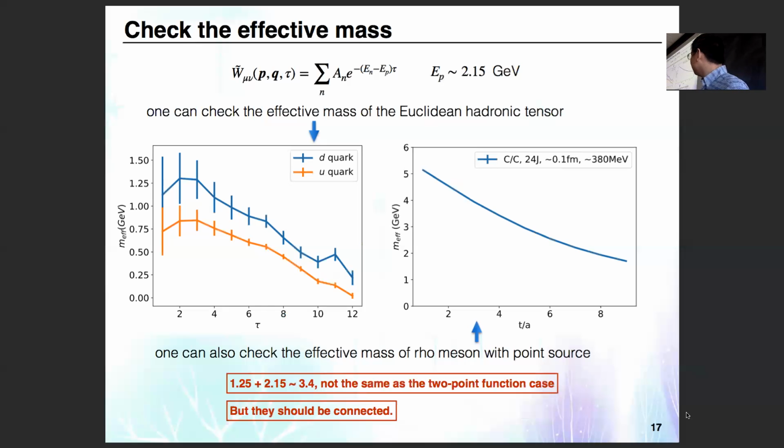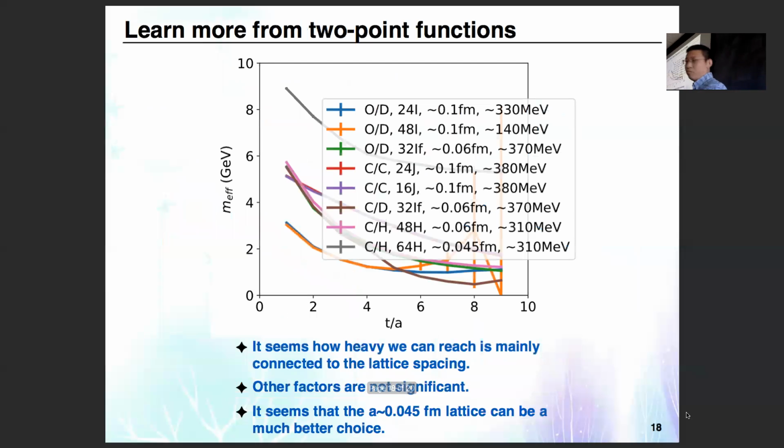To know about this, we did some very careful calculations. For example, overlap on domain wall, clover on Hisq, different spatial sizes, different spacings, different time masses. From this plot, this is the effective mass of the rho method, and it can basically be grouped into 4 groups. The lowest ones are these 2, which are overlap on domain wall with 0.1 Fermi.